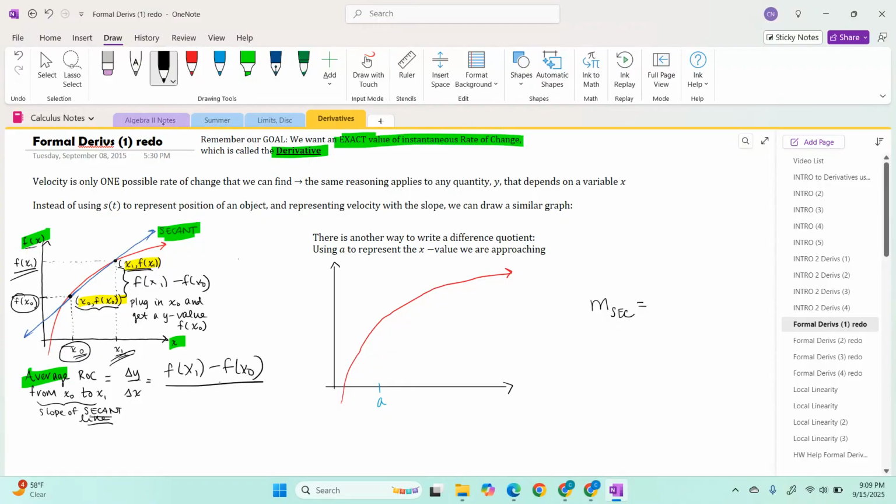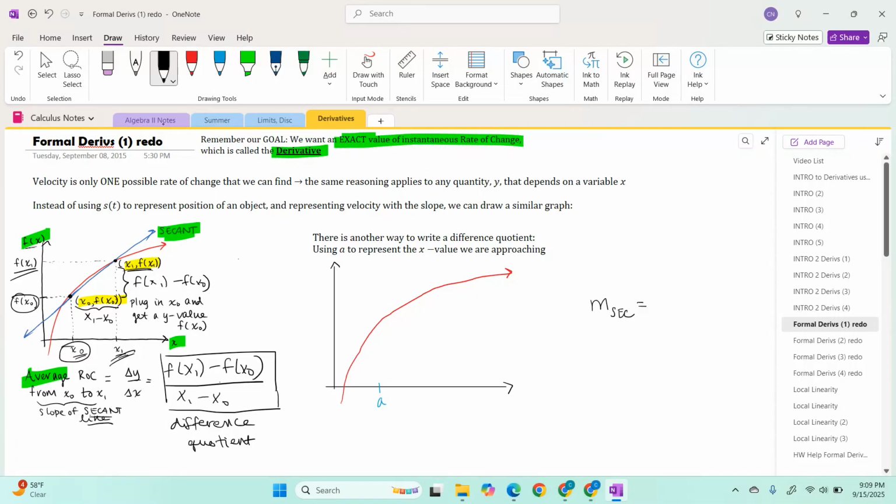And then change in x, that would be x1 minus x naught. So that's just regular old slope of a secant line, and this has a name here. It's called the difference quotient. It's called a difference quotient because you're subtracting things, which is difference, and a quotient because you're dividing 2 things here. And again, difference quotient in this case gives you the average rate of change.